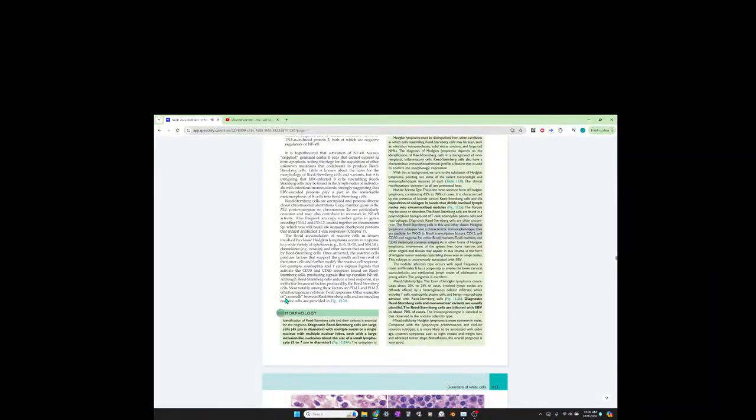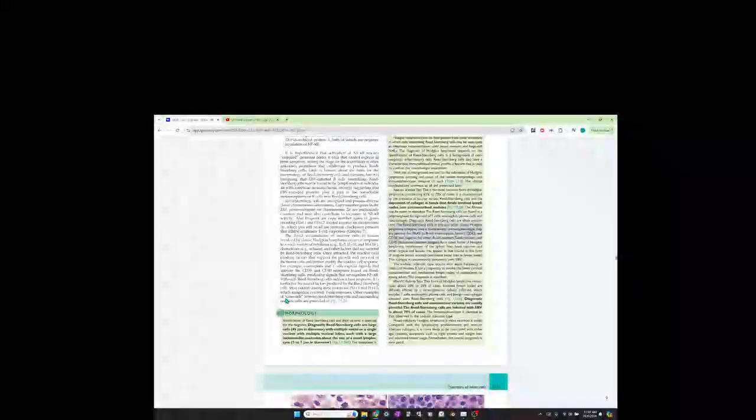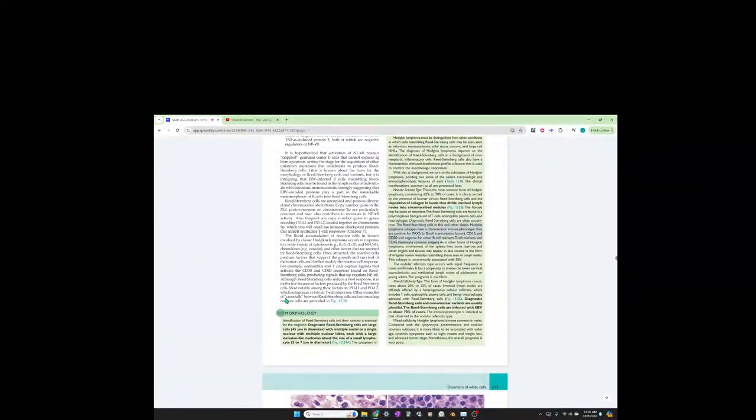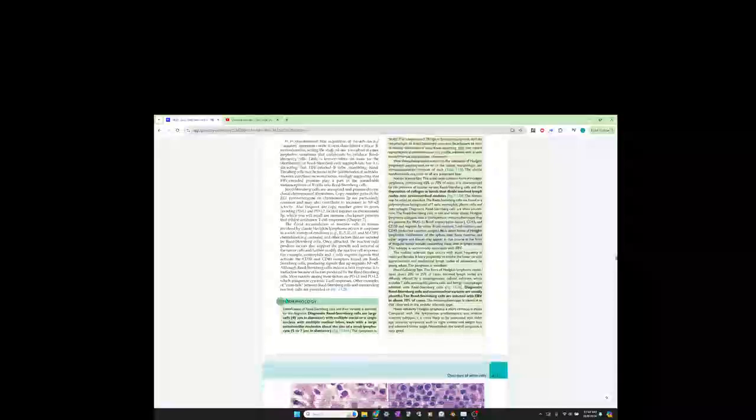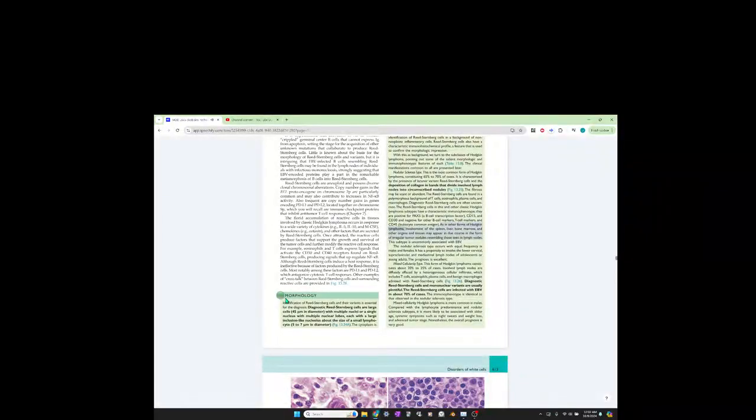They are positive for PAX5, CD15, and CD30 and negative for other B-cell markers, T-cell markers, and CD45. As in other forms of Hodgkin lymphoma, involvement of the spleen, liver, bone marrow, and other organs and tissues may appear in due course in the form of irregular tumor nodules resembling those seen in lymph nodes.